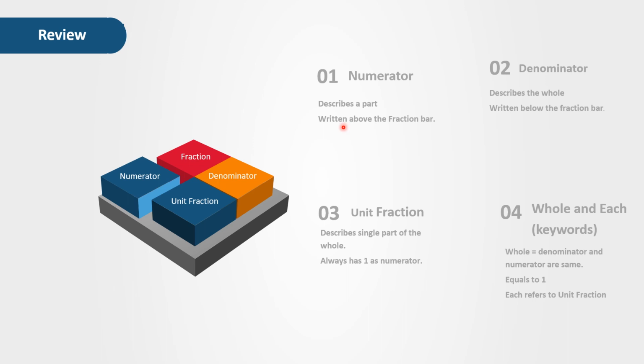And where do we write the numerator? Above the fraction bar. Very good. Now what about the denominator? Excellent. It describes the whole. And where do we write the denominator? Above the fraction bar or below the fraction bar? Very good. Below the fraction bar.